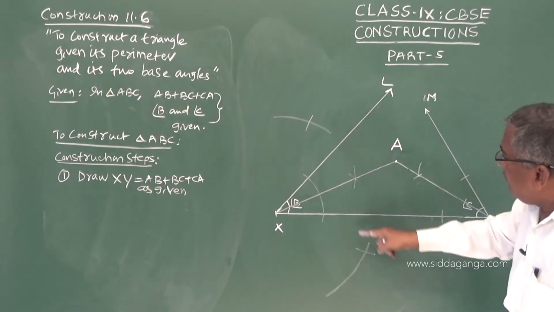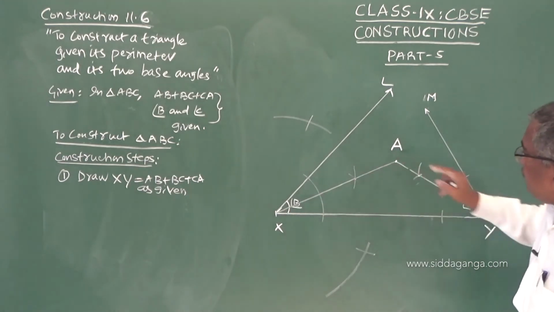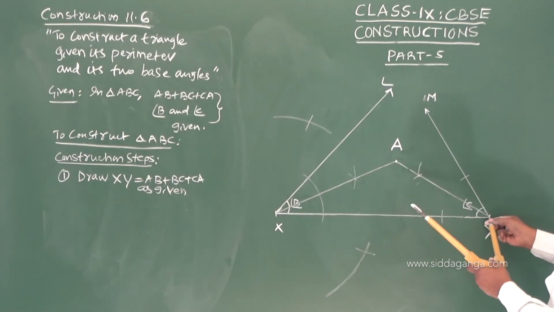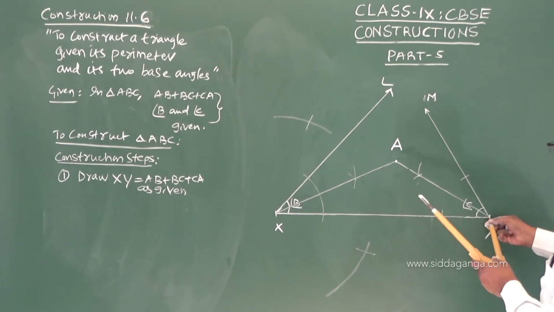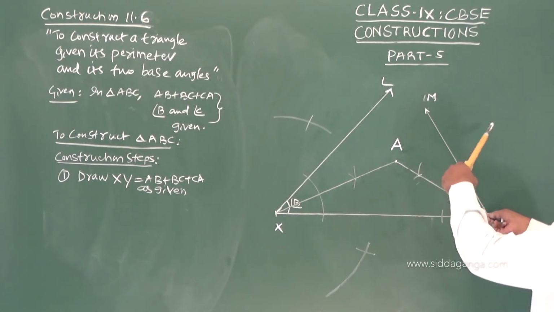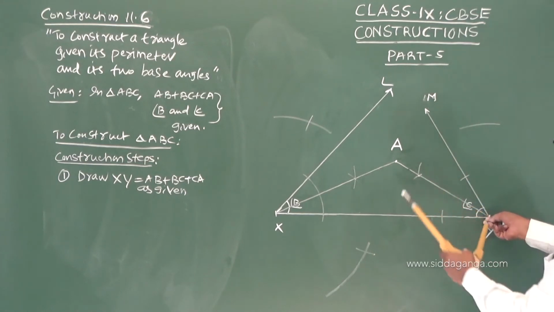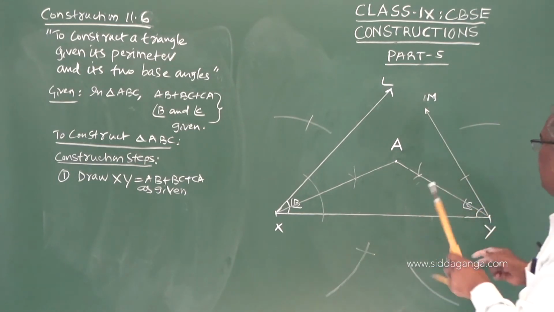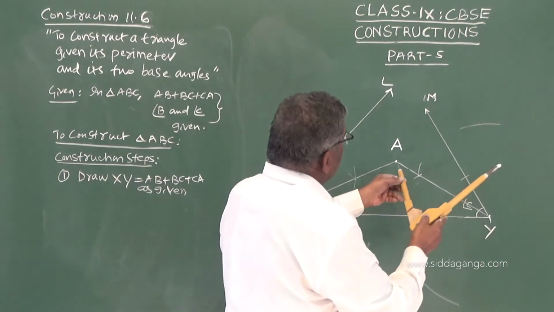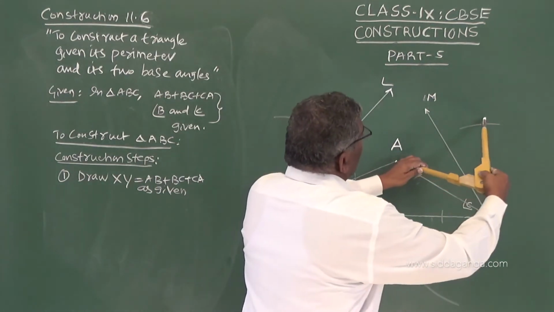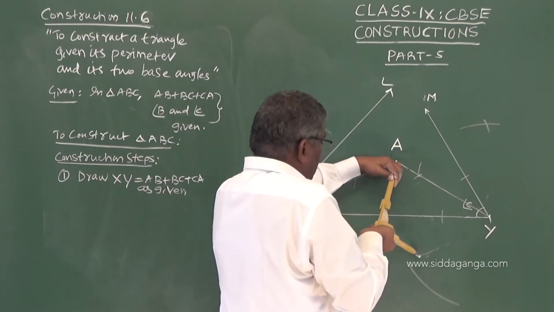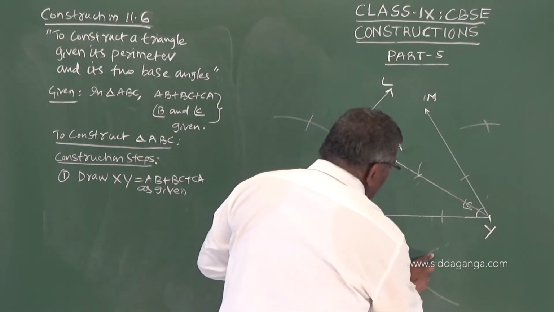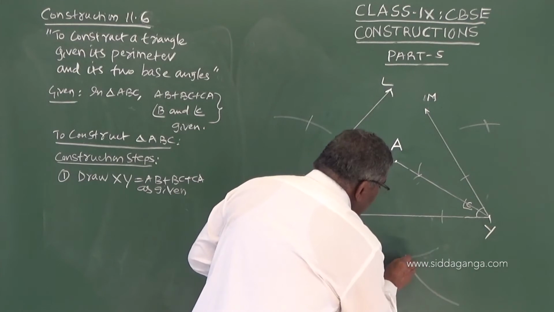So this line will give the bisector of AX. Similarly, from this point, AY, with more than half of AY as radius, draw two arcs, and from this point cut those two points.